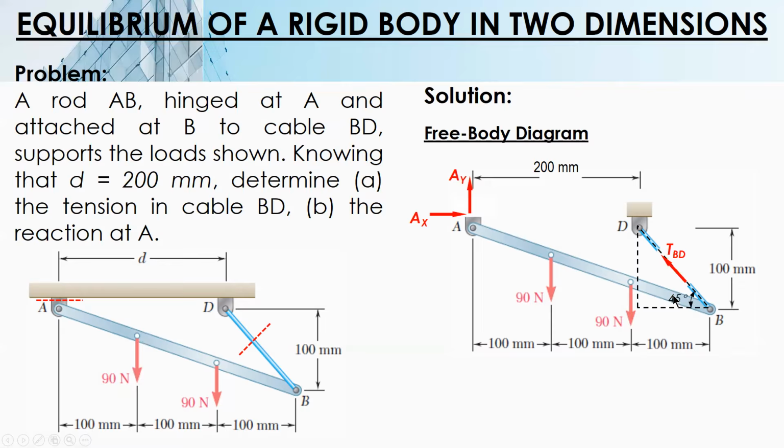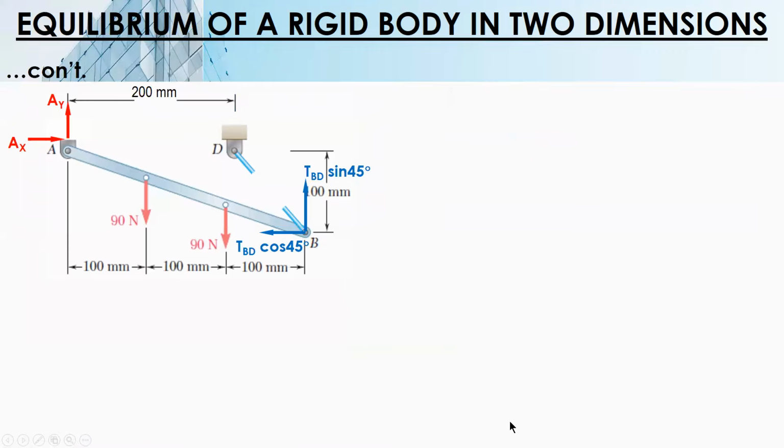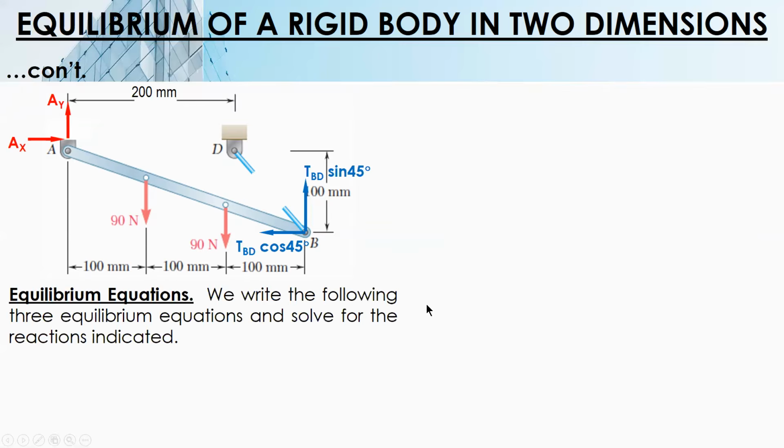So, the angle is 45 degrees, because the legs of the right triangle are equal: 100, 100. So, 45. So, this is TBD cosine 45, and then this one, TBD sine 45. Now all forces are either horizontal or vertical, so we can apply the conditions.